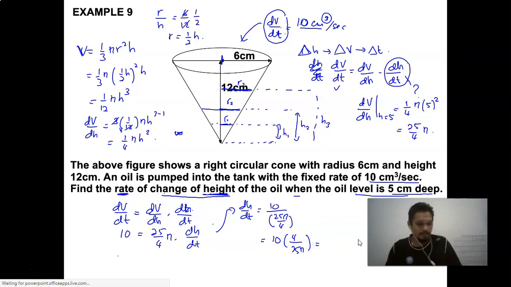From here, 10 divided by 5 equals 2, and 25 divided by 5 equals 5. 2 times 4 equals 8, divided by 5 pi centimeter per second. So the change of height with respect to time, height in centimeter and time in second.